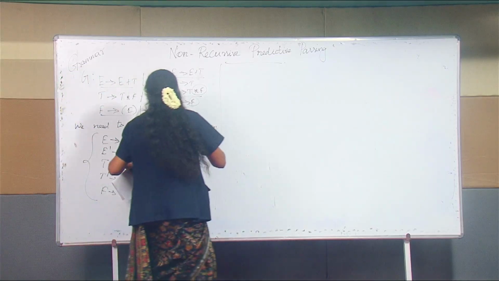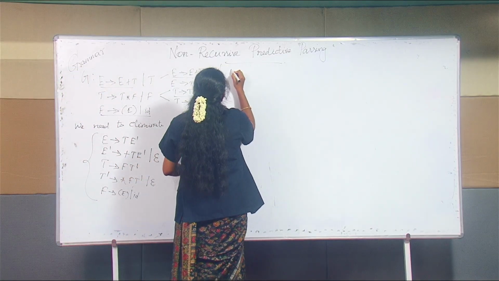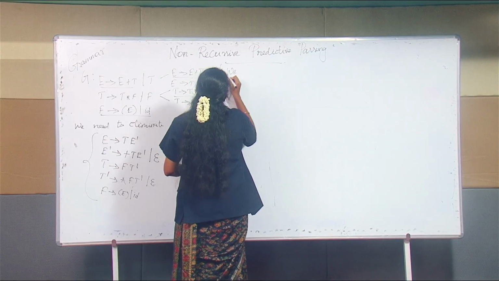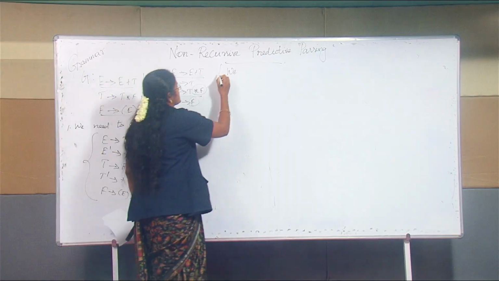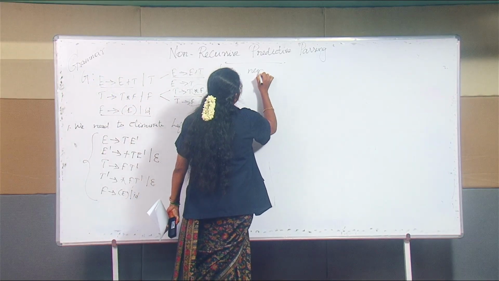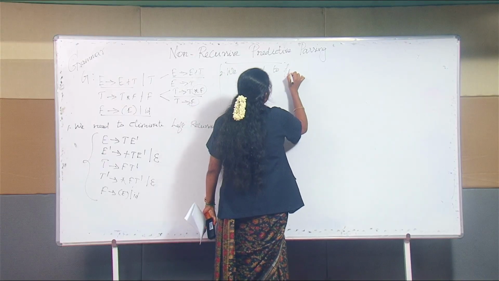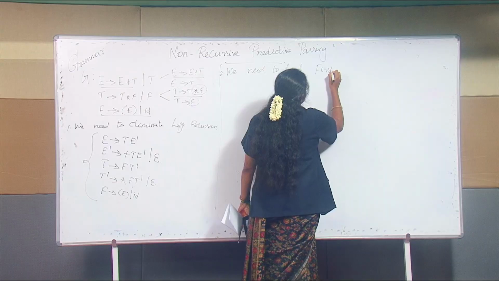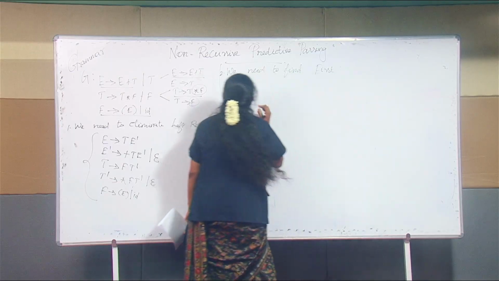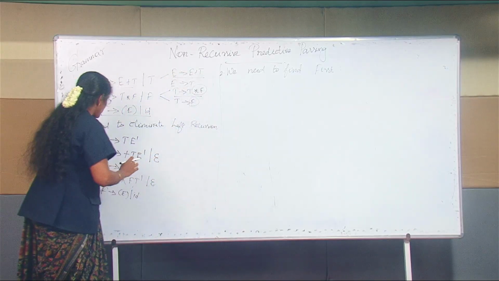So the first thing we need to do is eliminate left recursion. The next thing is to find the first of all non-terminals. What are all the non-terminals we have?